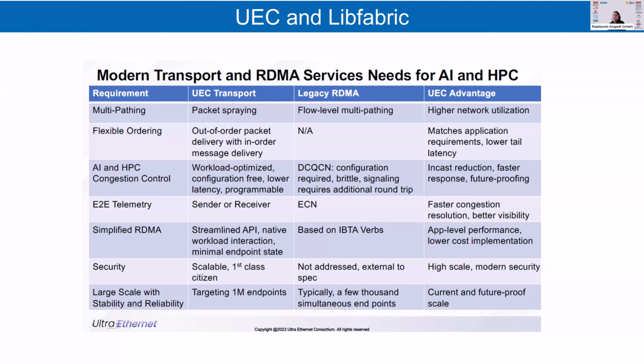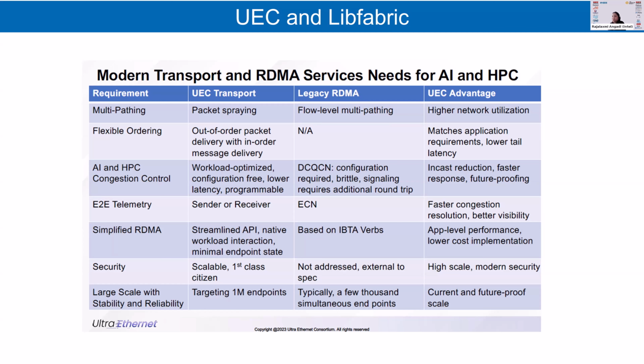Thank you, Alexia. So this slide shows the comparison between the legacy RDMA and the UEC transport. RDMA is good, but it also lacks a few things, especially for the requirements of modern AI needs. With RDMA, multipathing is at flow level, meaning it manages the entire stream of data and can manage congestion by rerouting the entire flow based on the feedback from the network.